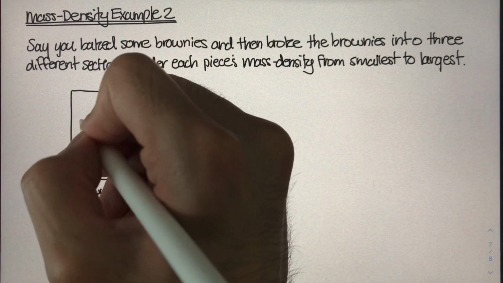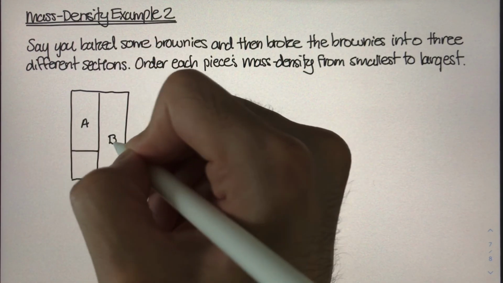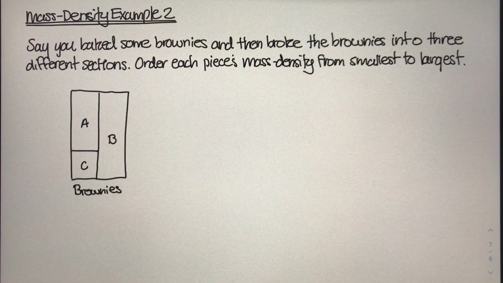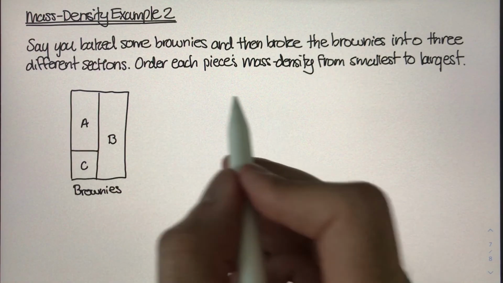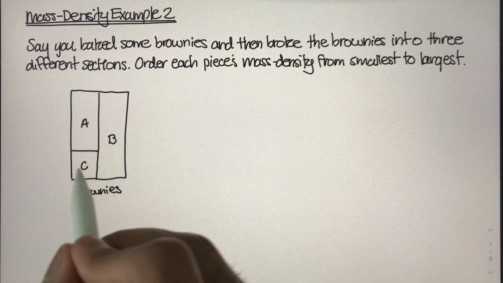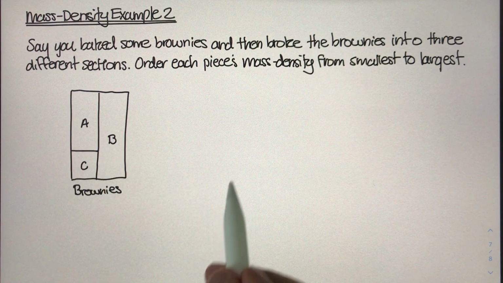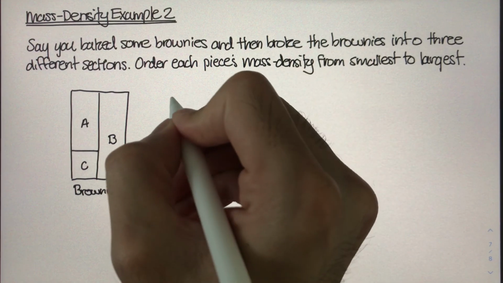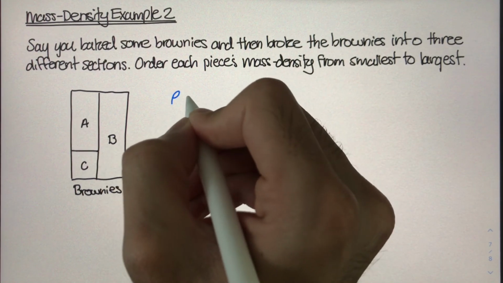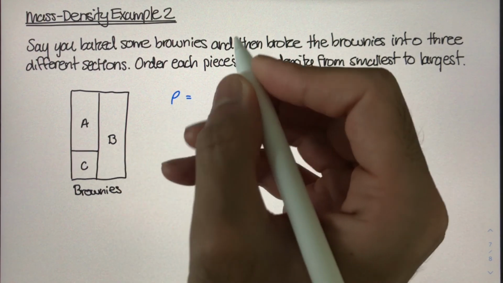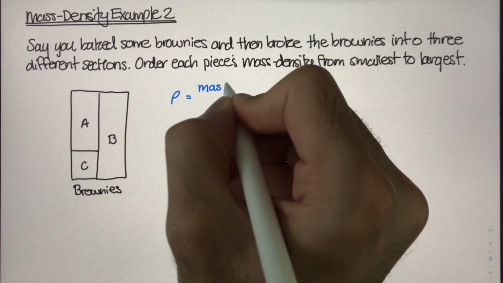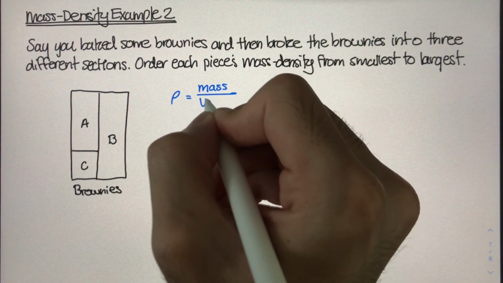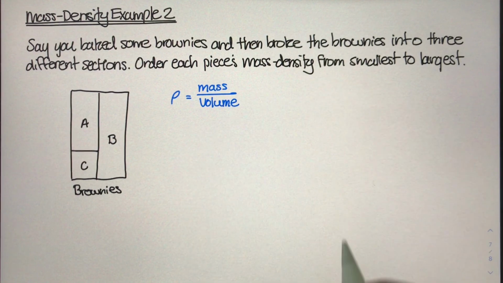I'll call this piece A, this piece B, and this piece C. So remember, the question is asking us to rank each of these 3 pieces, their mass densities from smallest to largest. Remember, mass density, which we represent using the Greek letter rho, is equal to the mass of that substance divided by the volume that it takes up, right?